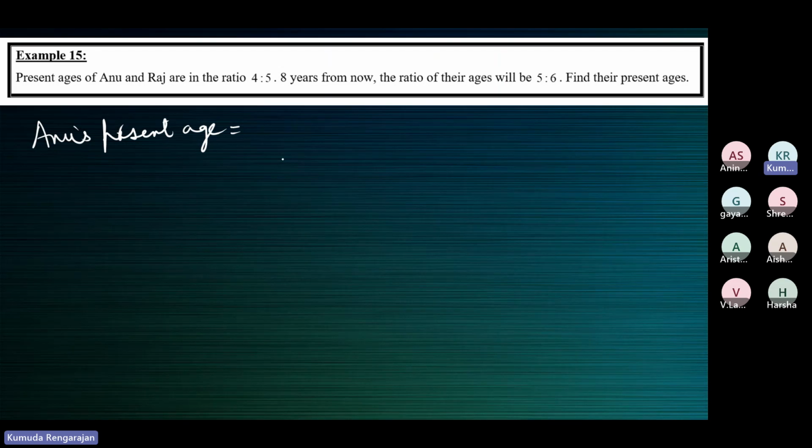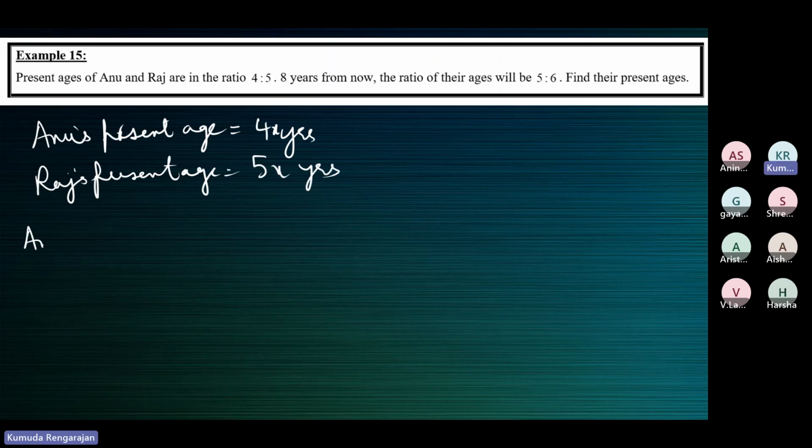How do you assume Anu's present age? 4x years. And what about Raj's present age? 5x years.